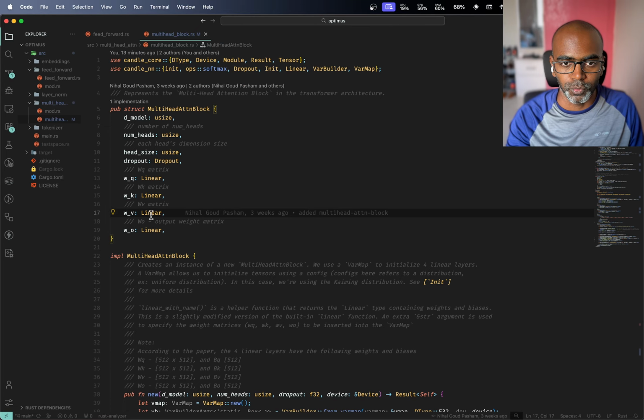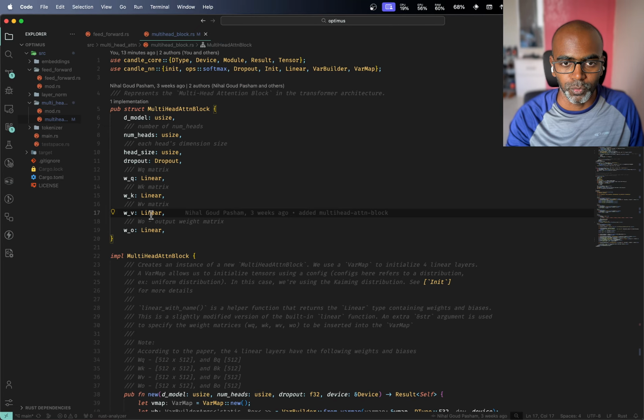So I've got those four. Then I also need to know the dimensionality of the word or the tokens that we're dealing with. We include that. Because we're talking about multi-head attention, we want to talk about how many heads we are splitting the actual matrix into, and the size of the head after the split for each of the heads. And then there's also dropout.